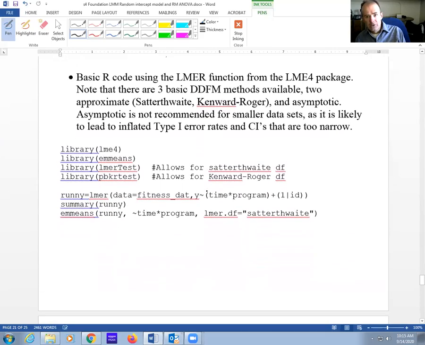If you're an R user, I did put in some R code here and the packages that you need. lme4, which is a random effects modeling approach, and here that's what we're using. We just put in a random intercept. Are you familiar with the emmeans package? That allows us to get the expected marginal means, and then a few other packages that we need.